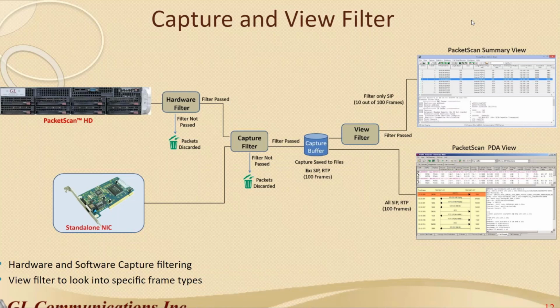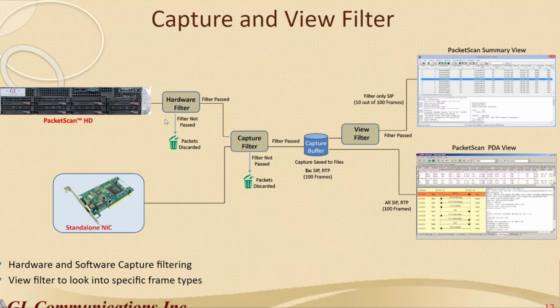And so up there in the top left, you see PacketScan HD. And PacketScan HD, as Matt mentioned, has many different types of network interface cards that you can use, whether you just need 1 gigabit per second, 10 gigabits per second, or even 100 gigabits per second. We have that hardware capability. Furthermore, if you're tapping into a high density line, you're probably not interested in all the packets.